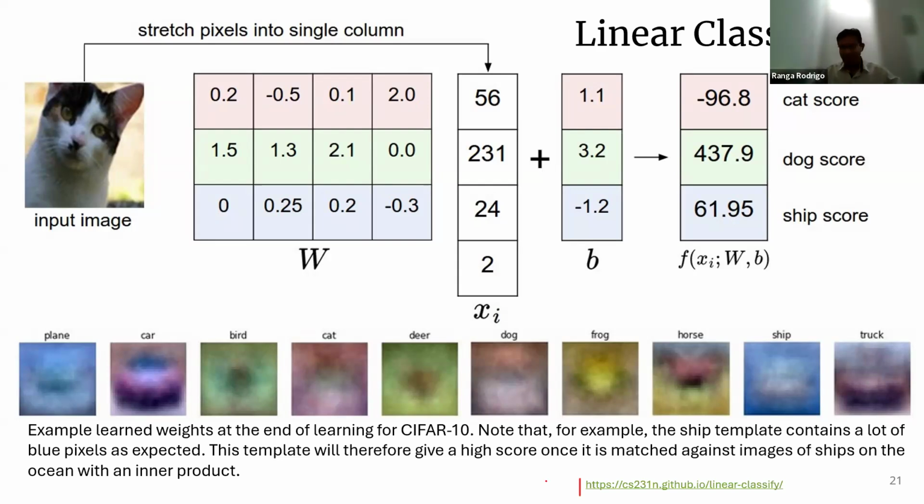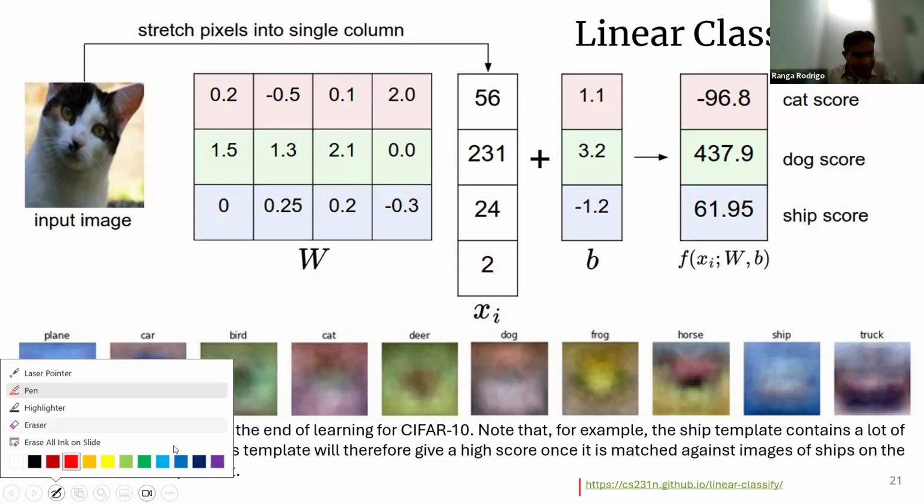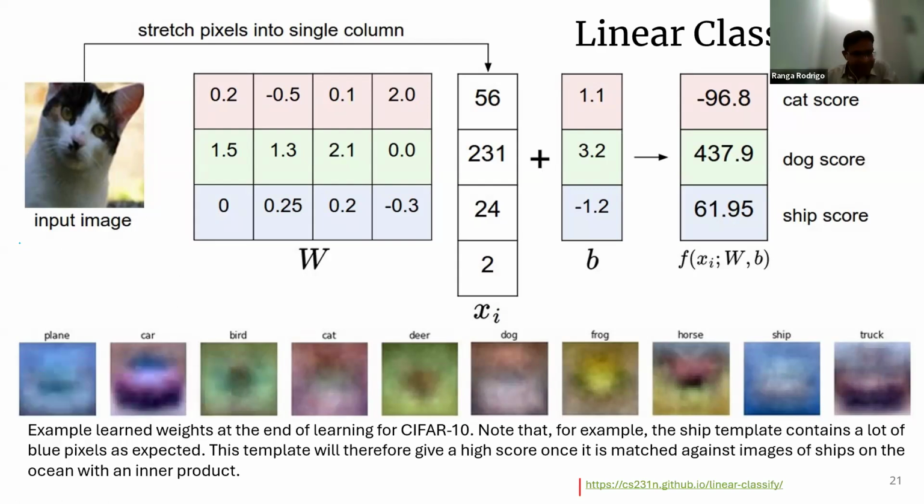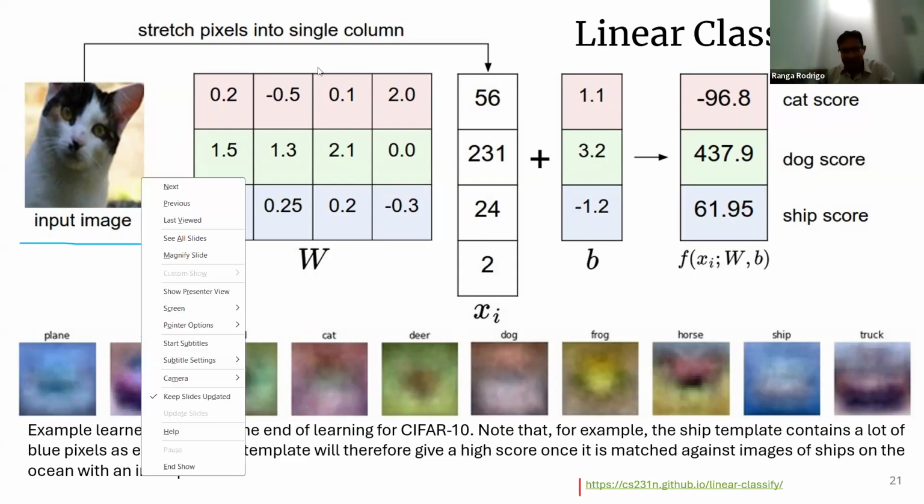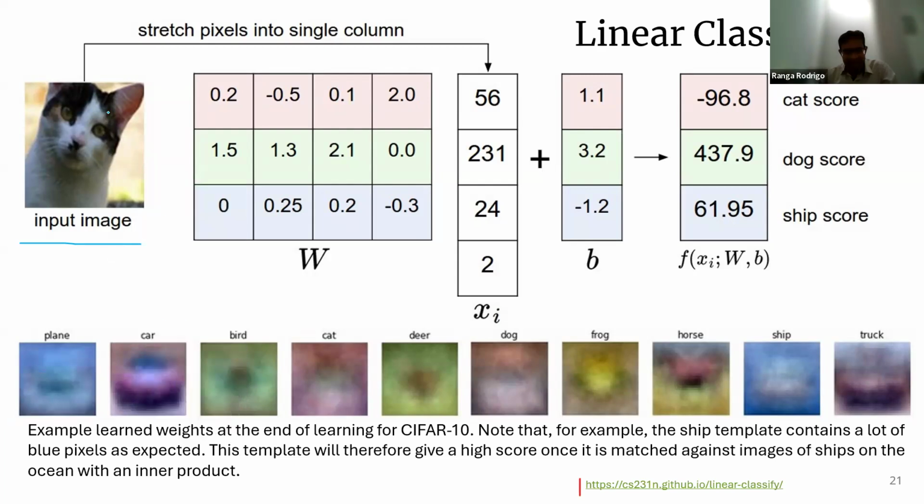Okay, let me continue. Now you have to carefully see what I'm saying about this. This one has a cat image, a very ugly cat. I don't know why they selected this very ugly cat. Of course, we know that this cat image has so many numbers, but assume that it is represented using just four numbers: 56, 231, 24, and 2. And then there are three rows of numbers.